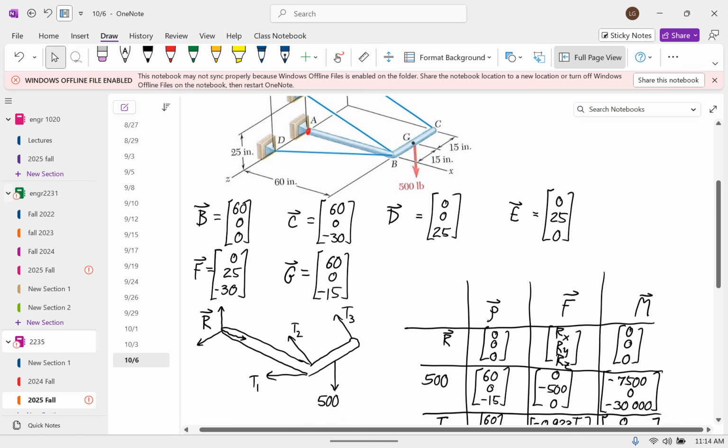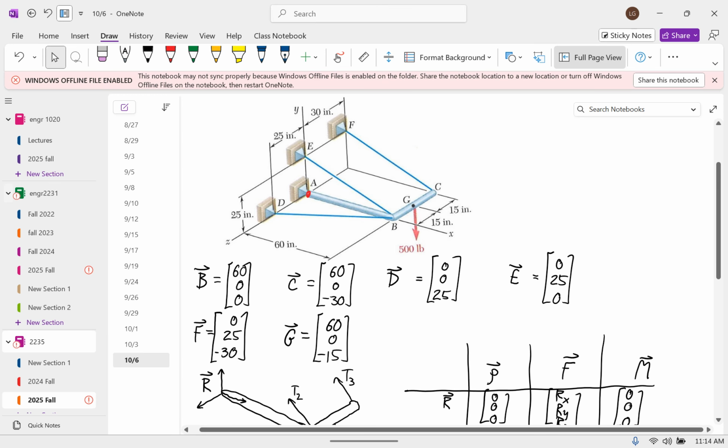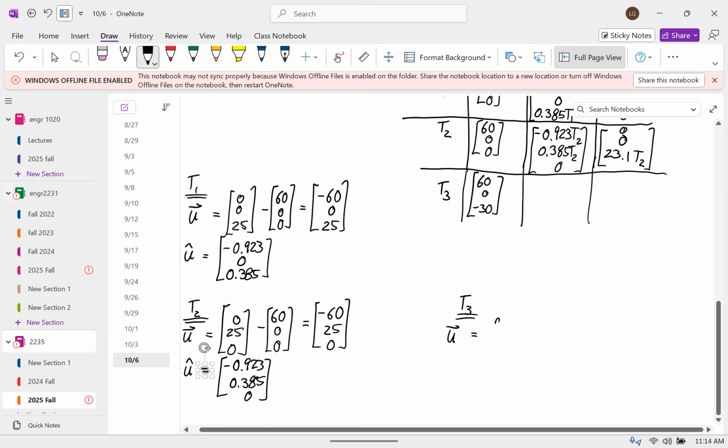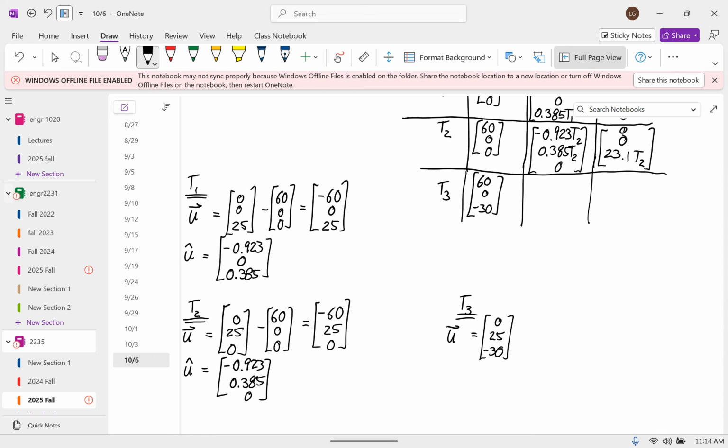It would be F minus C. So that's 0, 25, negative 30 minus 60, 0, negative 30. So that's negative 60, 25, 0.